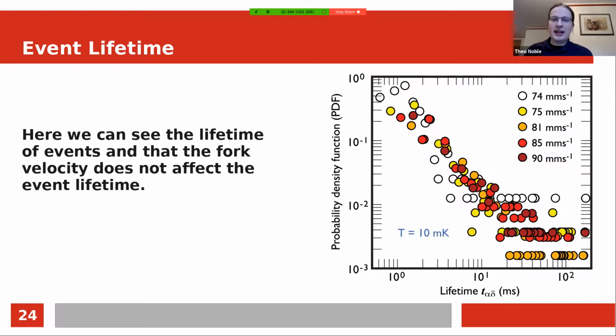But that apparently is not the case. So it seems we're probing something different here. We're not probing the vortex tangle about the fork. Maybe we're just probing the vortex density nearby the nanobeam, and maybe that's not strongly affected by the turbulence around the fork. But this is something which further work can go and start looking into.